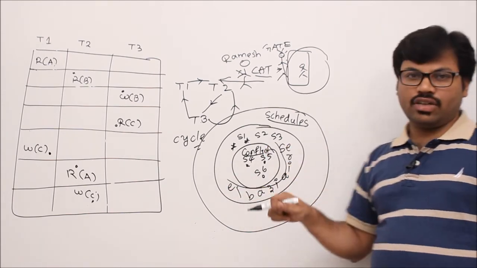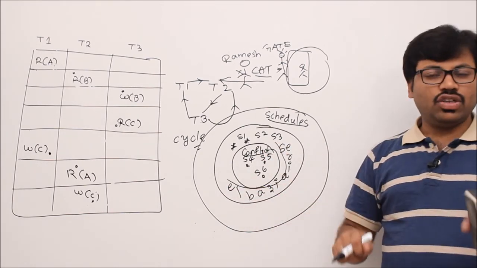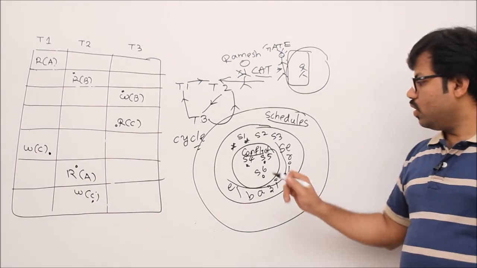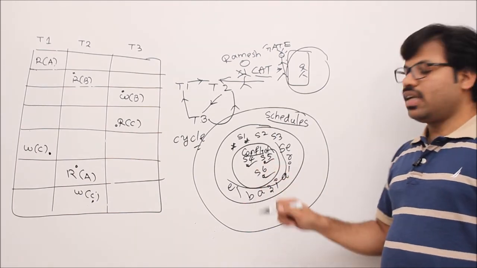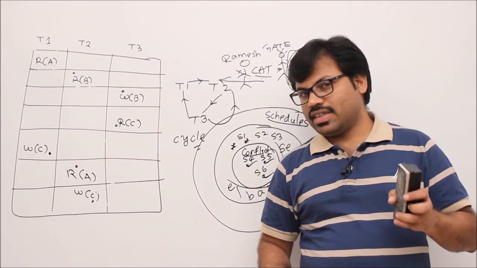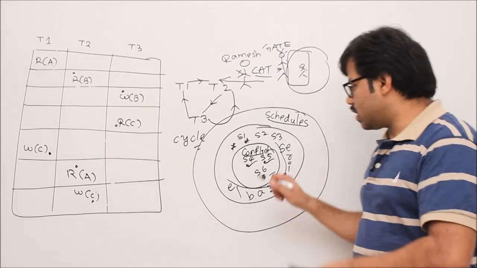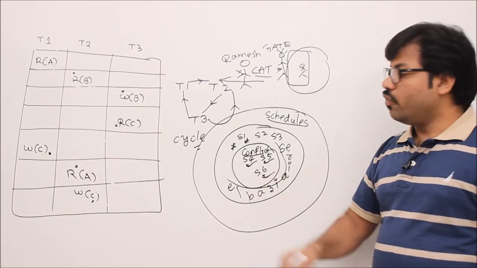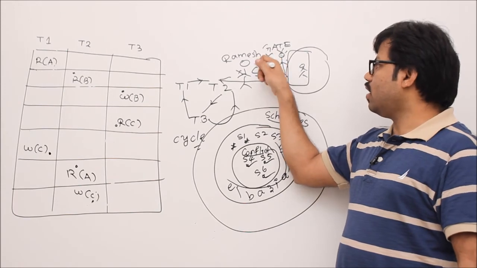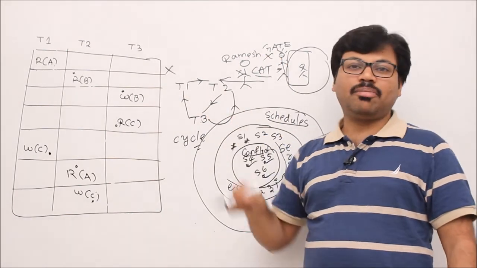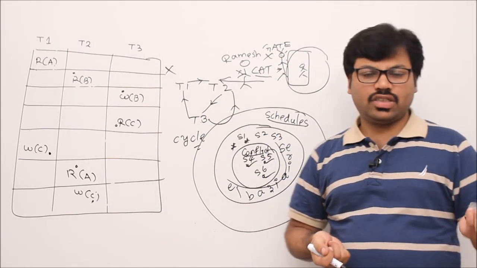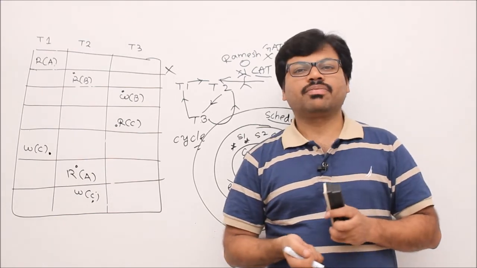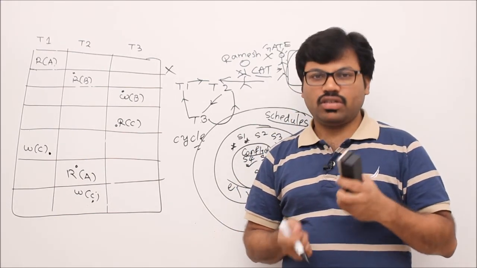Conflict serializable schedules are filtered by your father. Using his mechanism he was able to filter some good schedules, but it doesn't mean that they are the only good schedules. There are some schedules which might be rejected by the conflict serializability definition. Okay, so that is the idea about this concept.